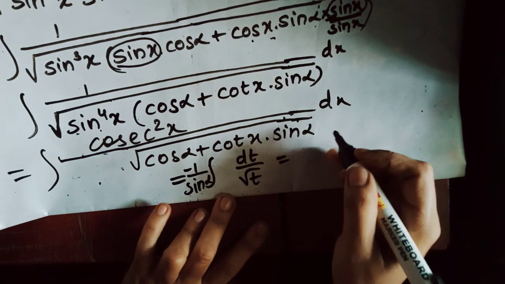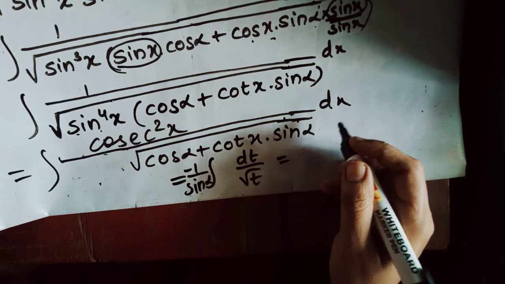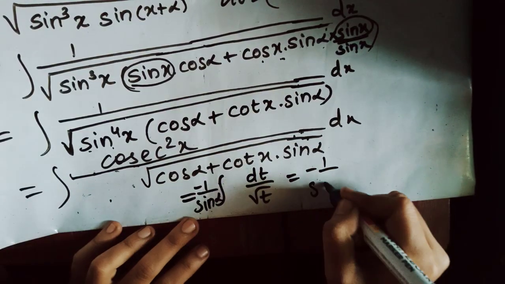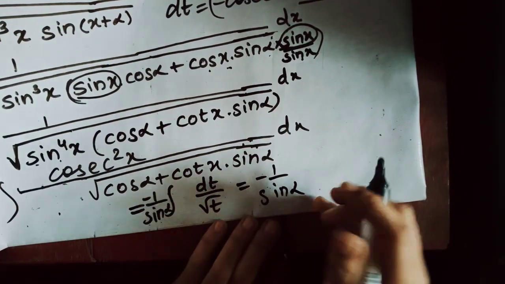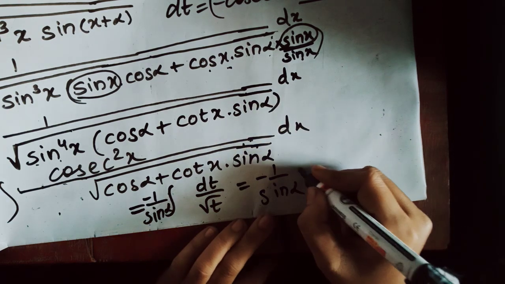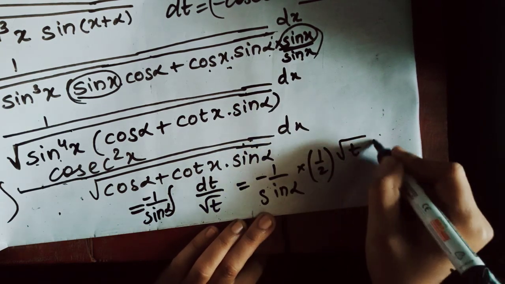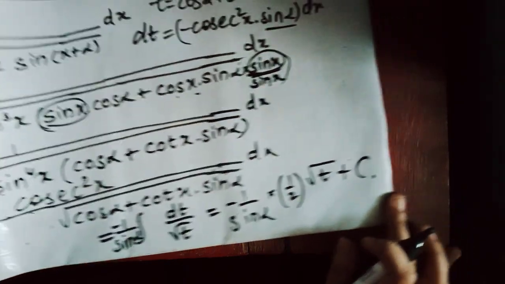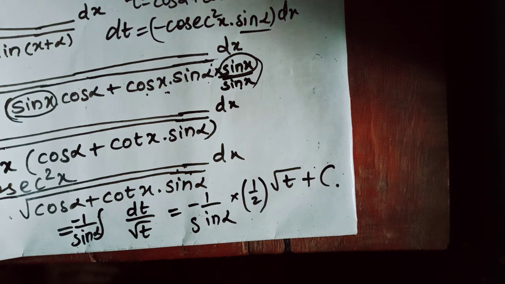So 1 upon root t, so t raised to minus half, t raised to minus half plus 1, that is t raised to half, root t plus c. This is the answer, and then you have to write t over here, whatever t you have taken you have to write.